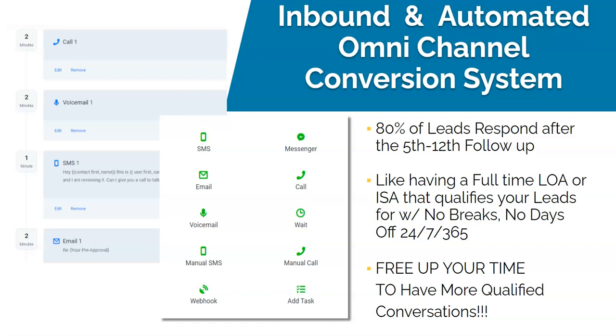We're hitting people from every single different type of angle, all completely automated. So we've seen up to 80% response rate from these opportunities, and this is like having a full-time inside sales agent that qualifies your leads around the clock, 24 hours a day, 7 days a week, no breaks, no time off, no sick days.